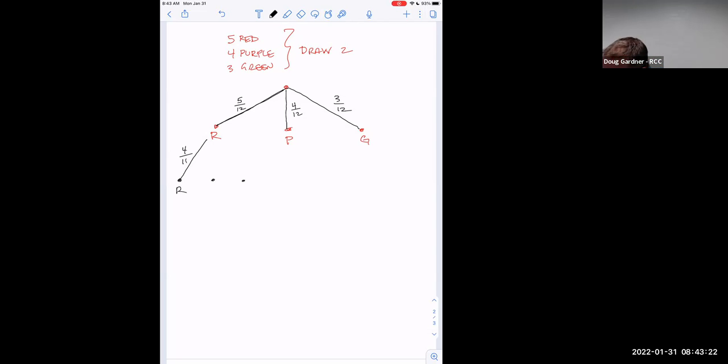Now your second marble doesn't have to be red. It could be purple. What's the probability of drawing a purple? Yeah, notice you still have all 4 purple marbles. You haven't drawn any of them yet, so you still have all 4 of them. But again, you only have 11 marbles left because you already drew one red one to even get to this point on the chart.